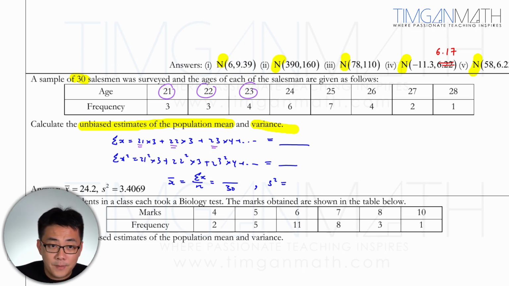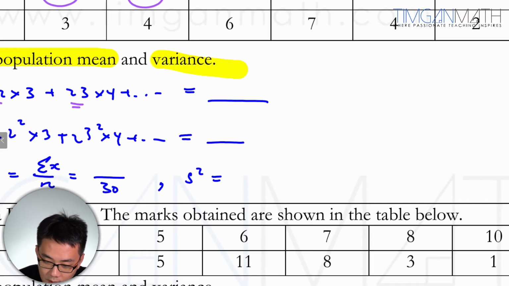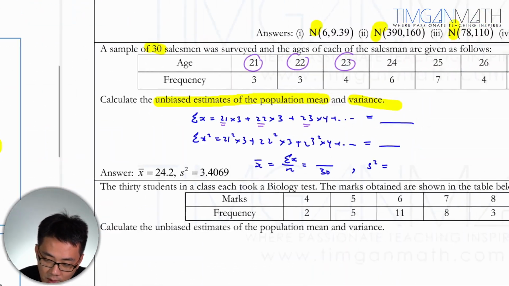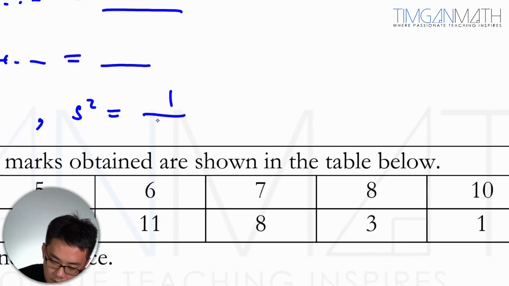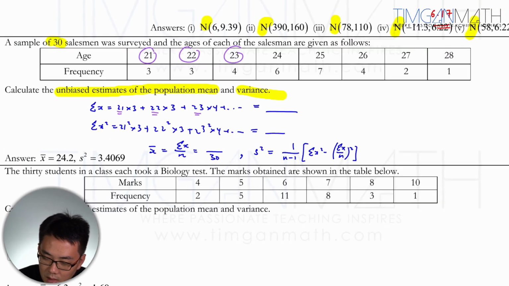It's not a spectrum of data like frequency. So you just use 1 over n minus 1, then you put sigma x squared minus sigma x over n squared. Okay? So just key in the calculator.